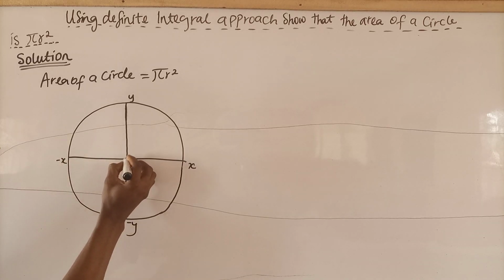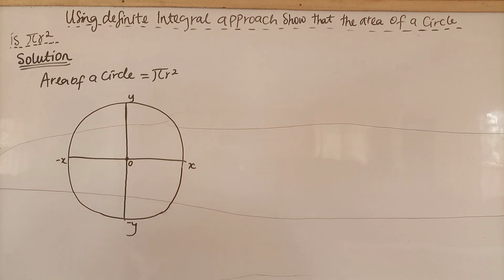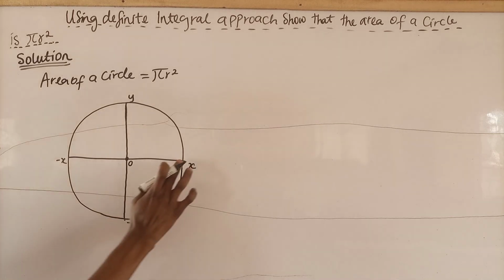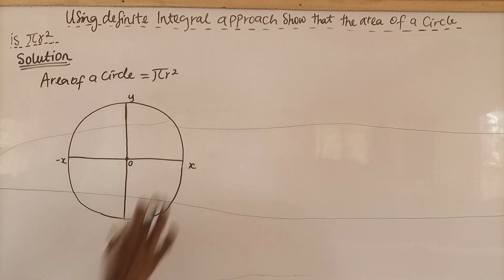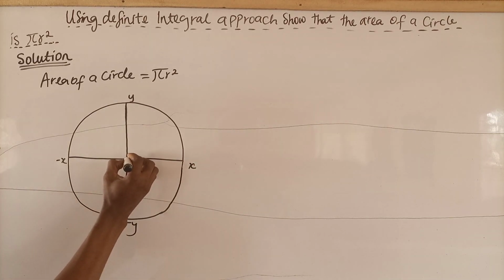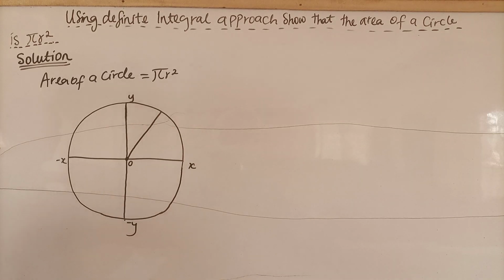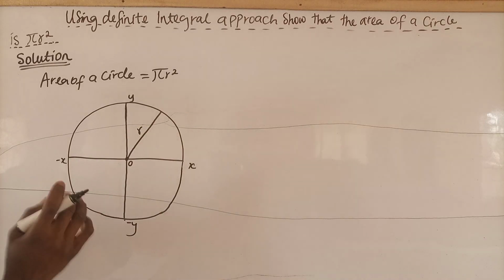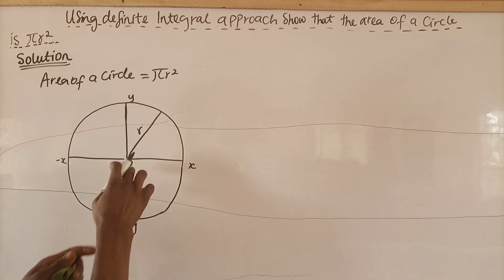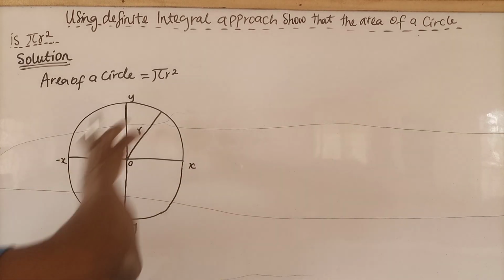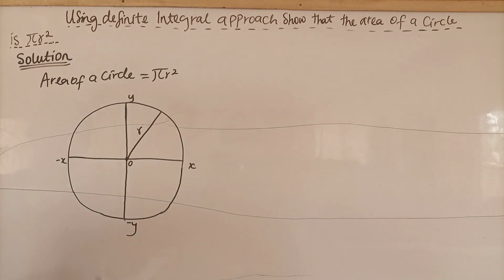This place is my point of origin, that's O. Suppose I draw a line from here to any point on the circumference. What is it? It is a radius. The radius is a line drawn from the center of the circle to any point on the circumference. So from this place to this place is also a radius.